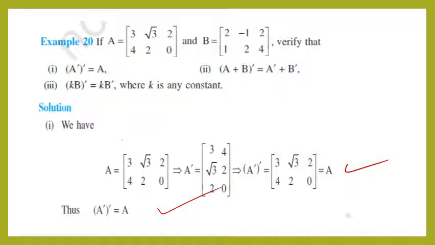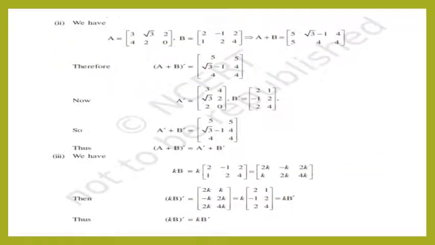So A is 3, root 3, 2, 4, 2, 0. What is A transpose? 3, 4, root 3, 2, 2, 0. Again, if you take the transpose, you get 3, root 3, 2, 4, 2, 0.